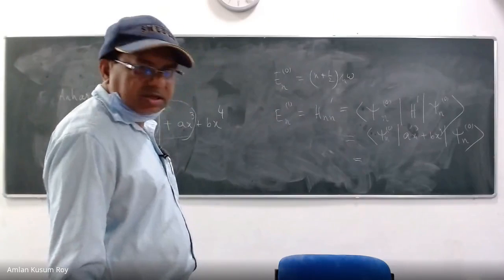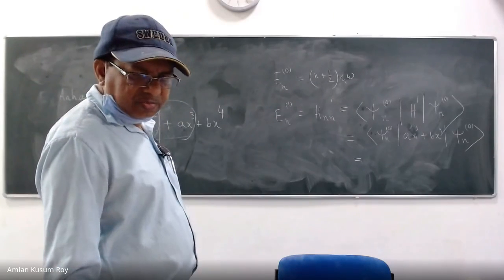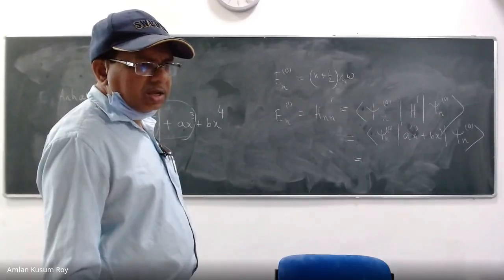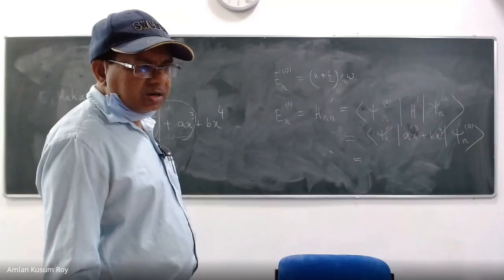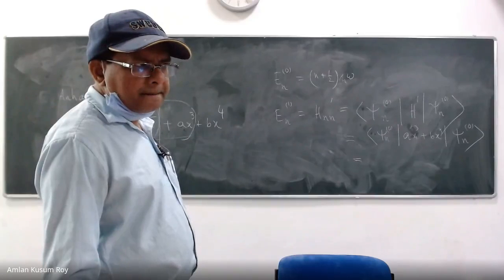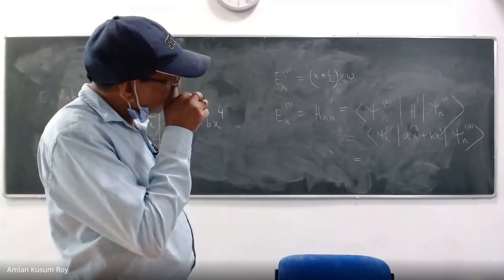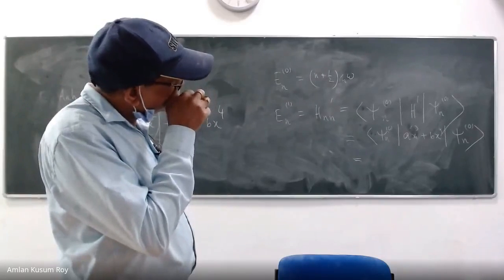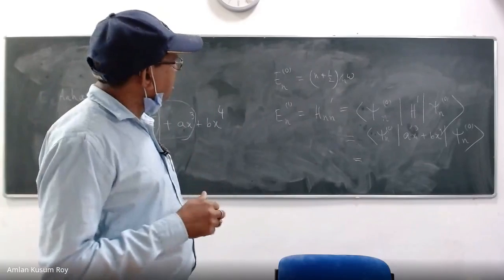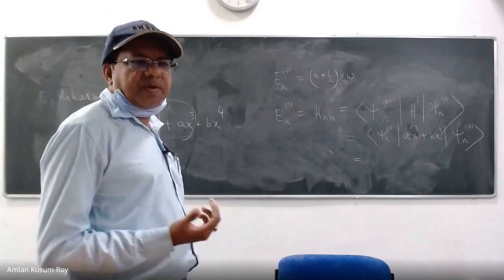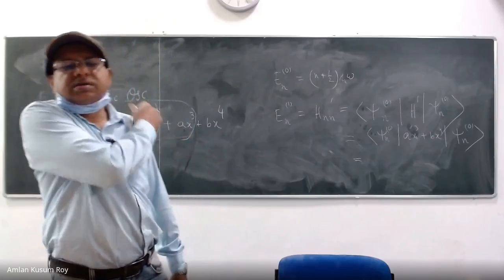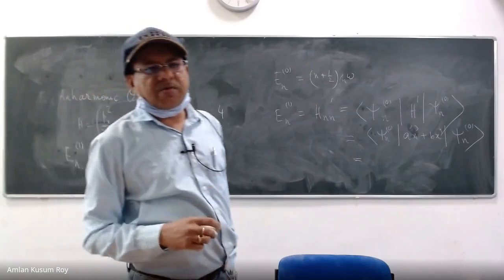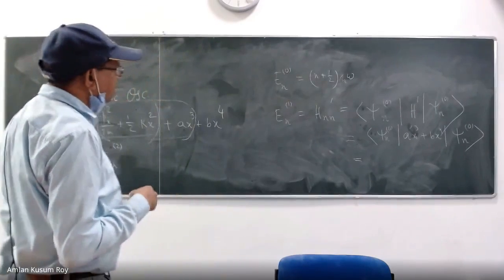Do you see that n is an index? So what will be the general form? Say. Harmonic oscillator wave functions, you have forgotten, in the first class we discussed, right? Who can say in what form the harmonic oscillator wave function comes?